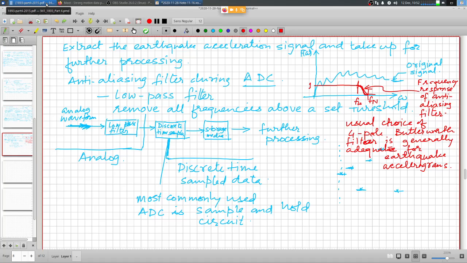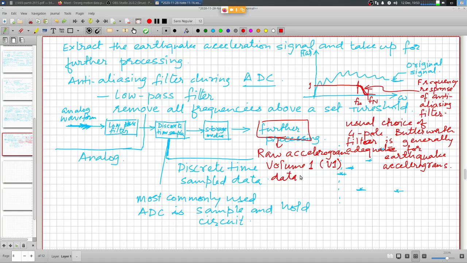And once we have this low pass signal available, it is sampled with the sample and hold circuit, and the values are provided in what we call the raw accelerogram, Volume 1 or V1 data.